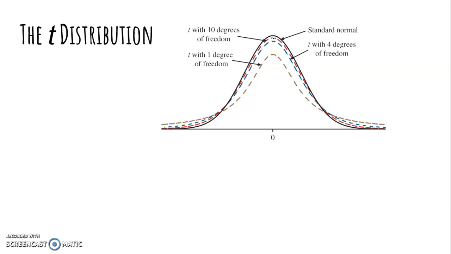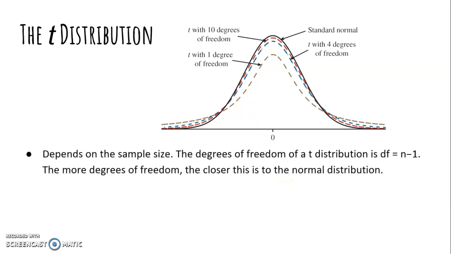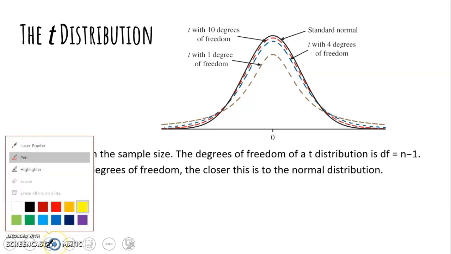This time, it's almost as high as the standard normal curve, and your tails are much thinner. They're almost as thin as the standard normal curve. So the bigger your sample size, the bigger your degrees of freedom, the more like the standard normal curve your T distribution becomes.